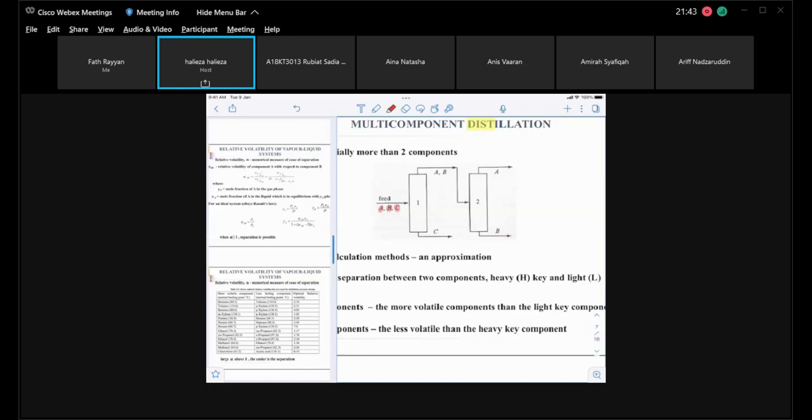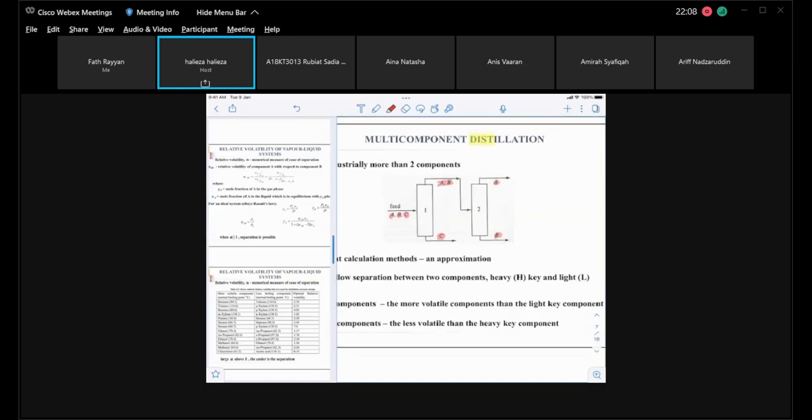So you will split between B and C first, so C will go into the bottom of the first column, and you will have your top product mixture of A and B. And then in the next column, you will split A and B. So there's a sequence to it.